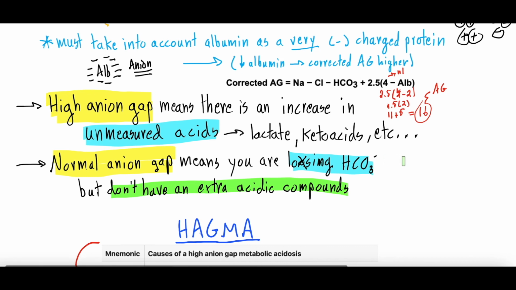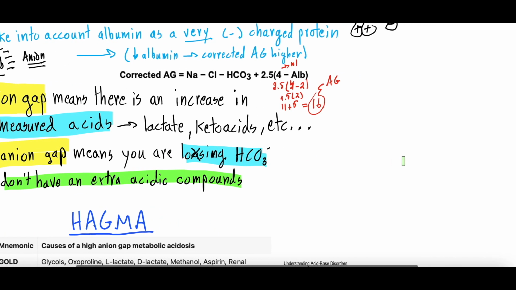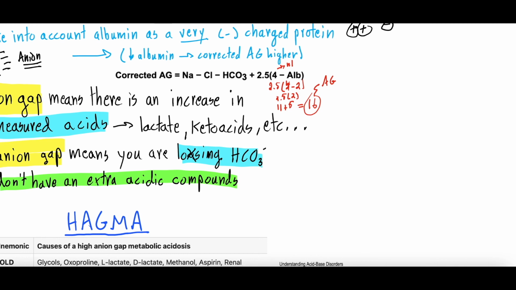So what exactly does this mean? Well, two things. One, acids, as we talked about, not to be an old drum, are positively charged, right? Hydrogen ions are acids. So something like lactate, lactic acid. Patients in septic shock sometimes develop a lactic acid anion gap metabolic acidosis. Well, lactate is a molecule, and this isn't its actual structure, right?